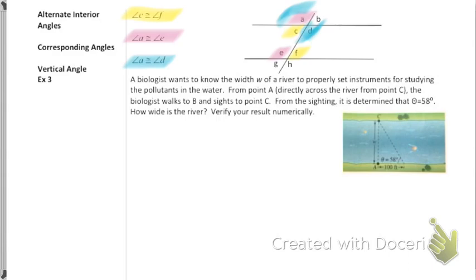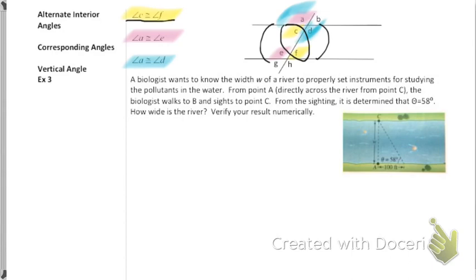This over here is alternate interior angles because angle C and angle F are alternating and they're inside this space, which is interior. Interior basically means inside.